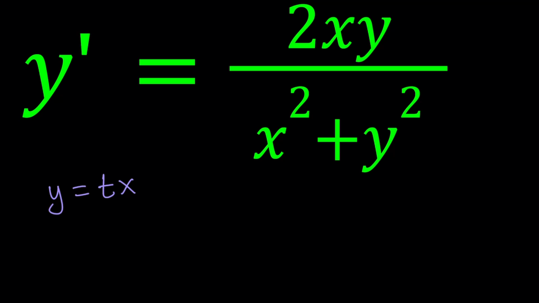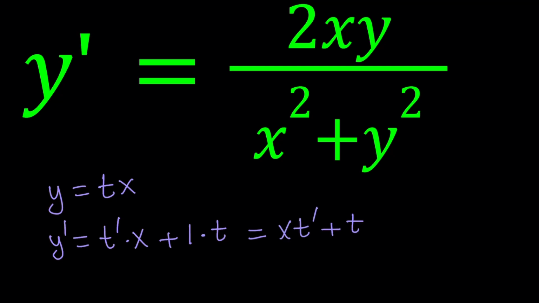So let's differentiate both sides. Y prime, the derivative of t, which is t prime. I don't know what t is. It's not like x, where the derivative is 1, because t is a function like u, right? T prime multiplied by x plus the derivative of x, which is 1 times t. Great. You can also write this as x t prime plus t. Just looks a little nicer.